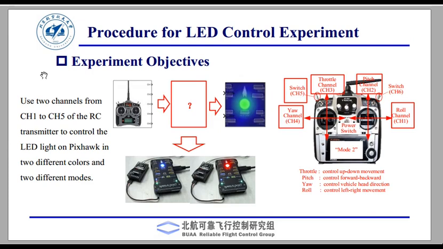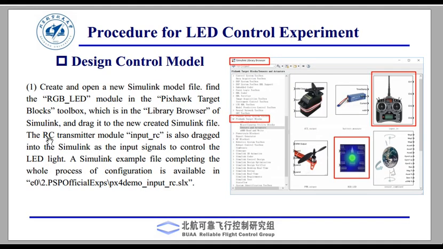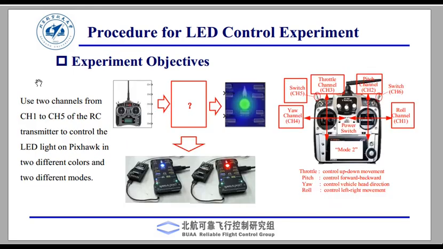Experimental objectives. Now the objectives here are to use two channels from channel 1 to channel 5 of the radio controller transmitter to control the LED. Now this is for the experiments. So he starts by stating the objectives and then he follows the design procedures.